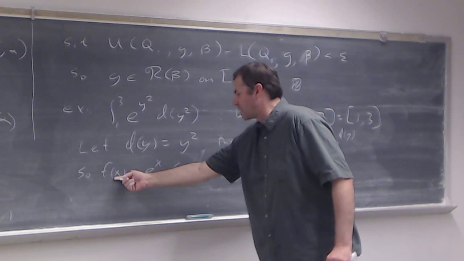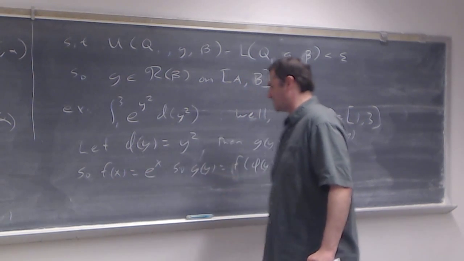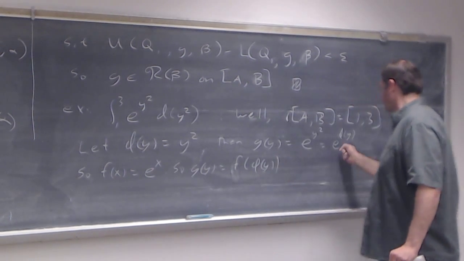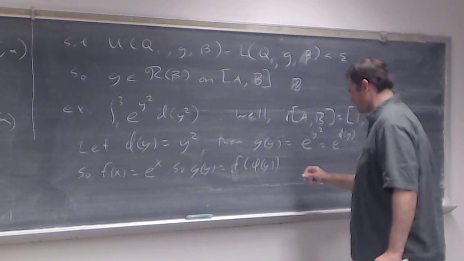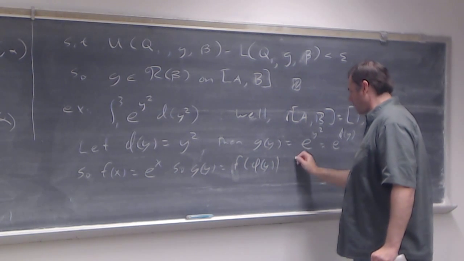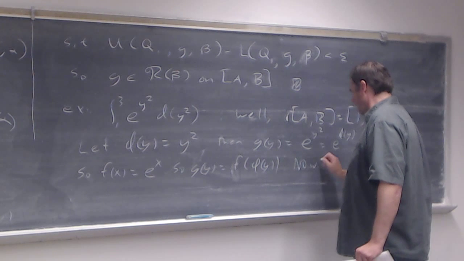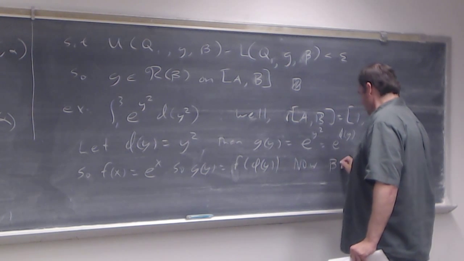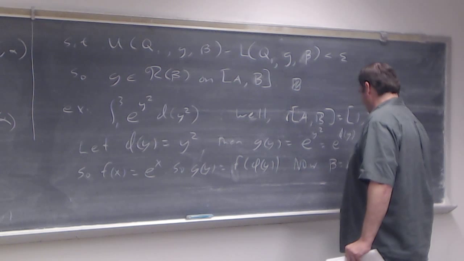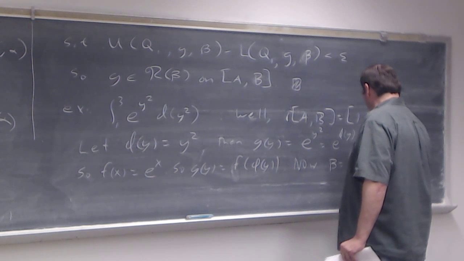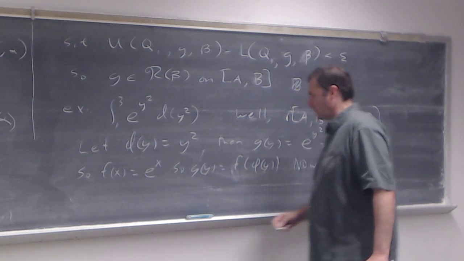Because what does phi do to whatever you give it? It takes e and raises it to whatever you gave it. And that's exactly what g of y is. Now, similarly, beta is supposed to be equal to y squared, which is really phi of y.